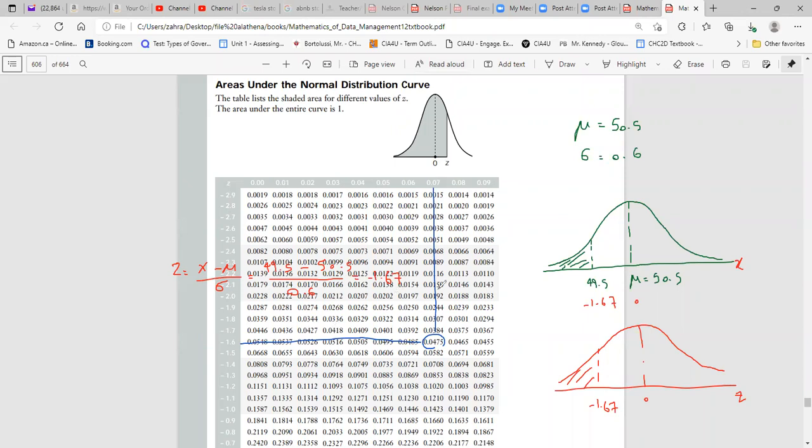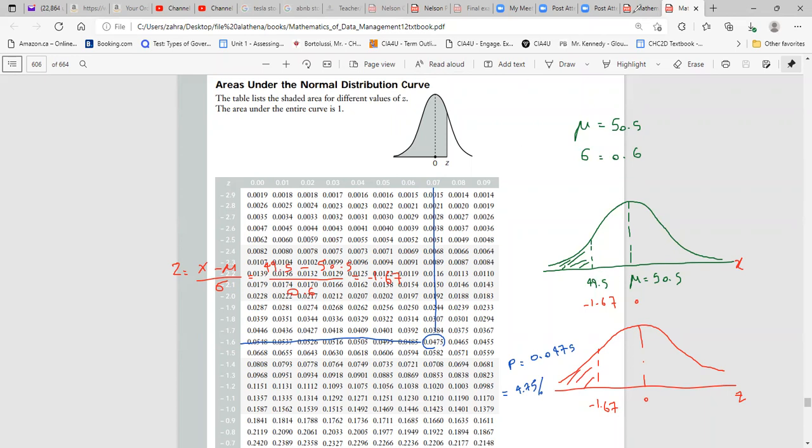So the decimal of that, you find it here. The answer, this little area, is 0.0475. This gives you the probability. If you want it as a percentage, of course, you multiply by 100. If you do that, it's going to be a 4.75% chance that the packaging is less than 49.5 grams.